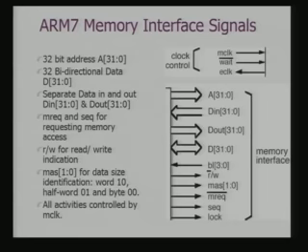So, we shall look at the ARM7 memory interface signals. In fact, we had already looked at them, we are just reviewing them again for the sake of completeness. It has a 32-bit address bus, a 32-bit bidirectional data bus, as well as separate data in and data out buses. So, depending on your requirements, you can connect your memory modules to these buses.